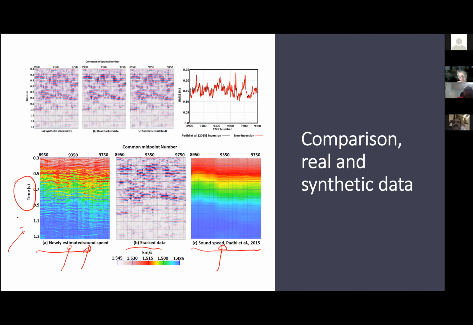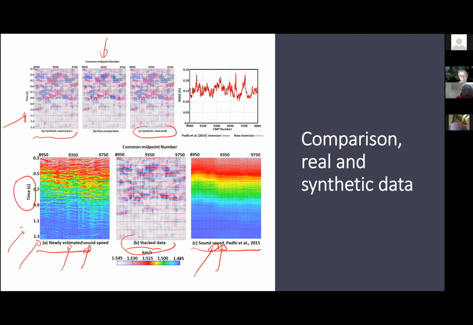This is the synthetic stack data using the new inverted model. This is the synthetic stack data using the Padi et al. model. And this is the real stack data. You can see how well we matched.